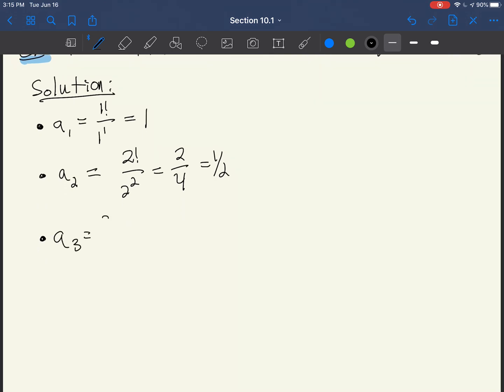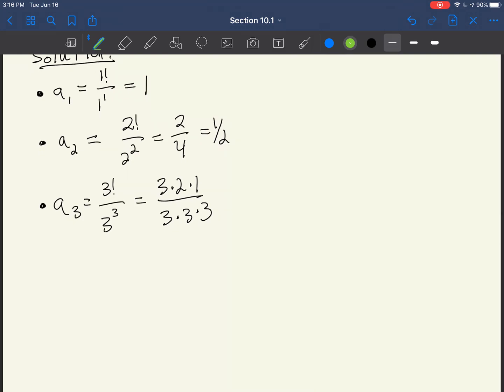The third term would be 3 factorial divided by 3 to the third, which is 3 times 2 times 1 divided by 3 times 3 times 3. That is 6 divided by 27. Cool, not very helpful. But when we write it this way, we see that we can block it off and get 1 fraction, 2 fractions, and then a third fraction.